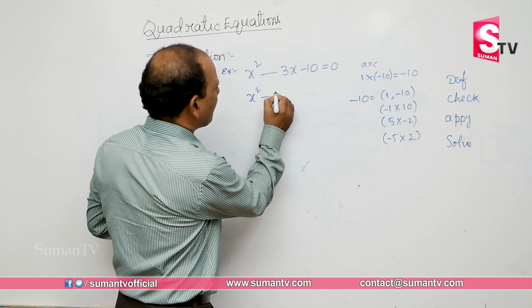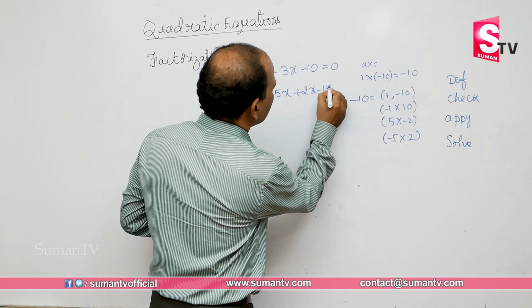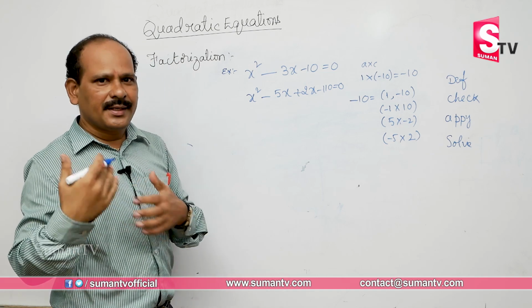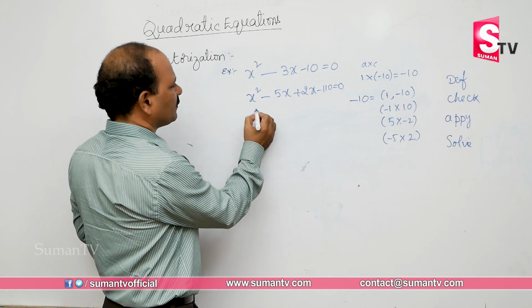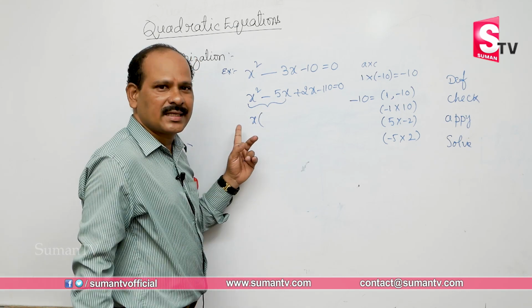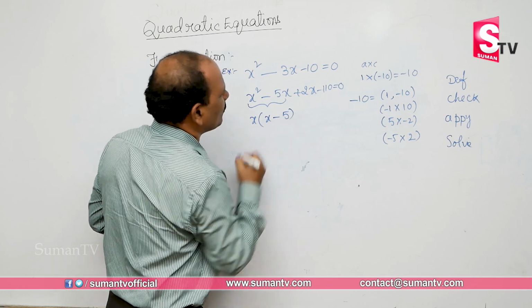x square minus 5x plus 2x minus 10 is equal to 0. The next part, take common from two terms. From these two terms, I am taking x as common. Once x is taken common, the remaining terms are x minus 5.